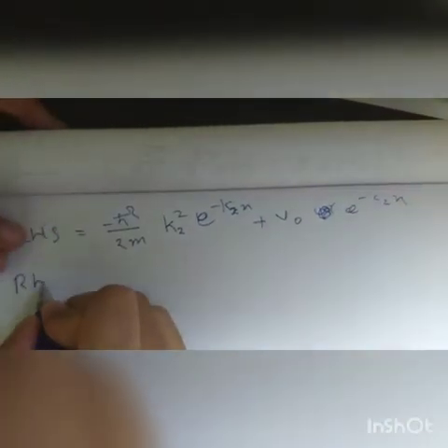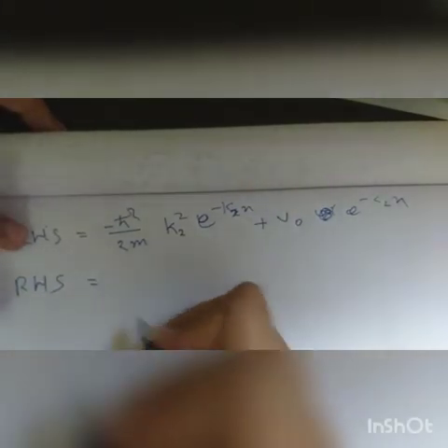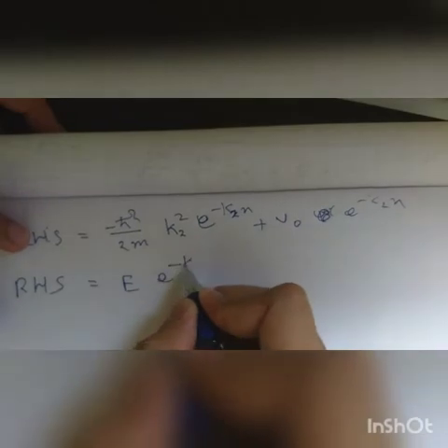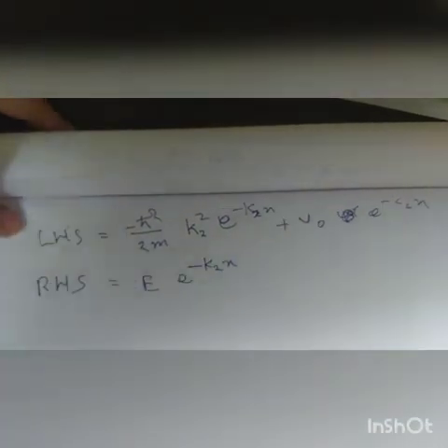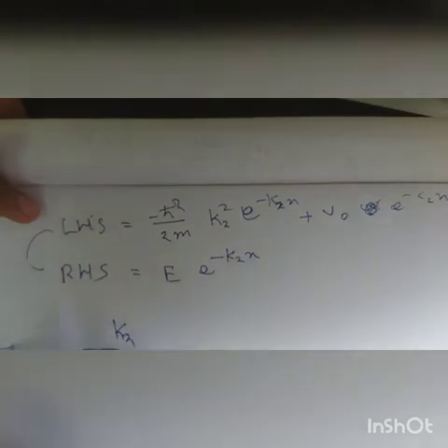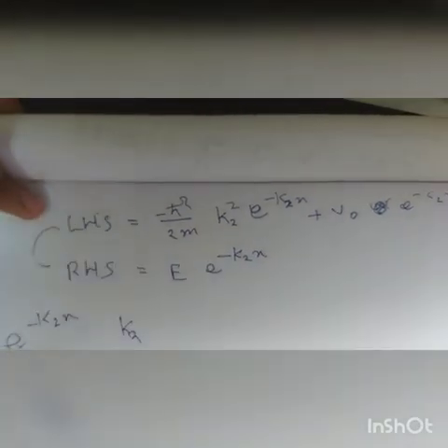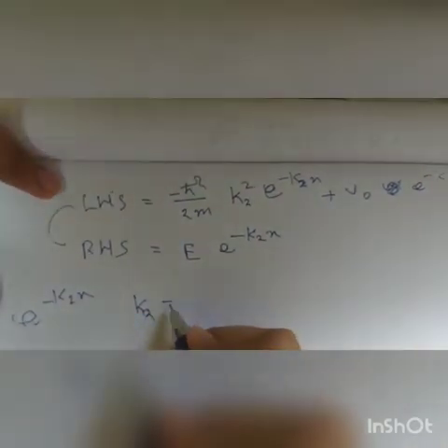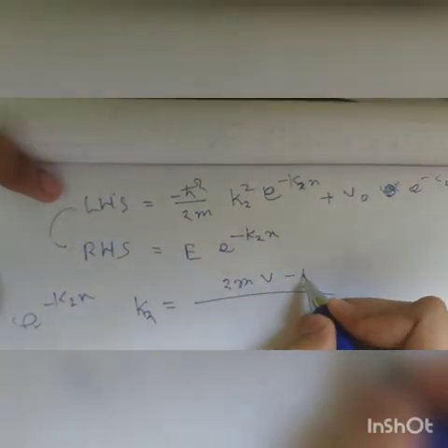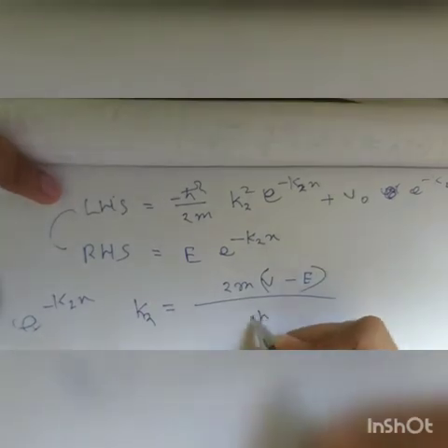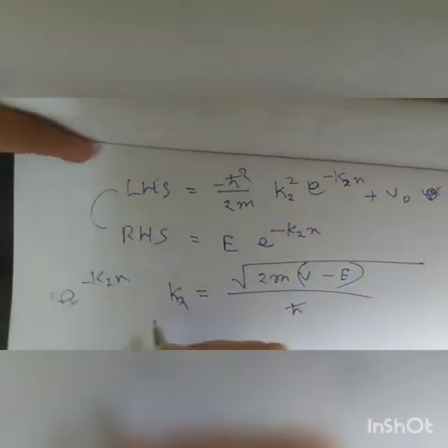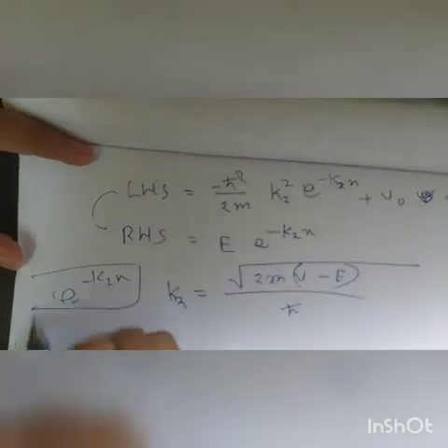In the right hand side, there will be the E term and e to the power minus k2 x. If we equate these two sides, we will see that e to the power minus k2 x is a solution for k2 equal to the square root of 2m(V0 minus E) over h bar. So we have verified that this is a solution to the wave equation.